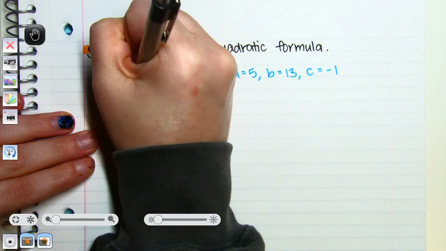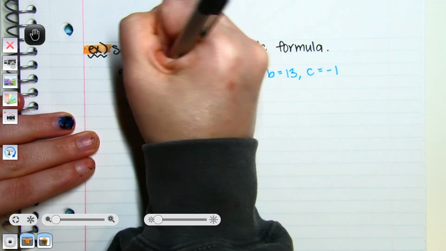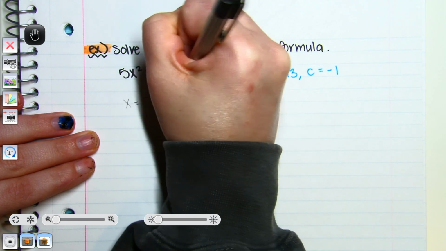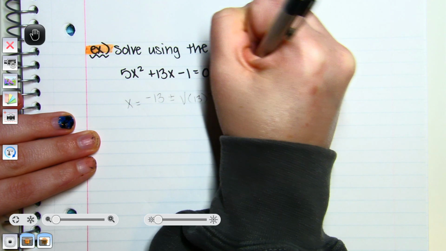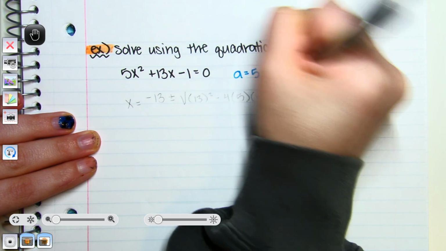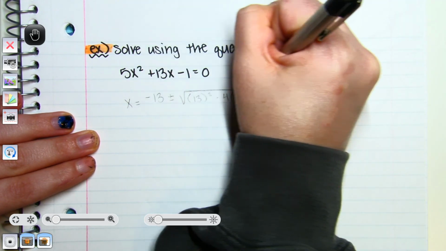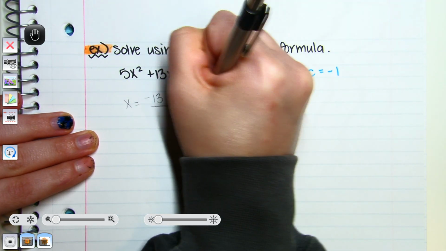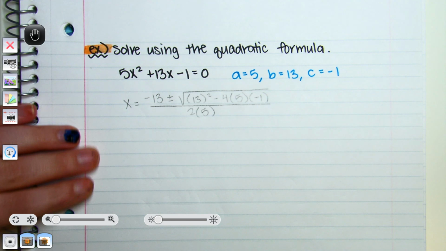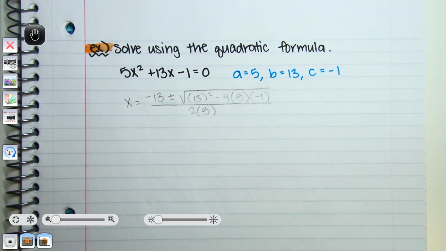So x equals -b plus or minus the square root of b squared minus 4ac all over 2a. Go ahead and pause this, simplify the stuff that's inside the radical, and push play when you're ready to check.